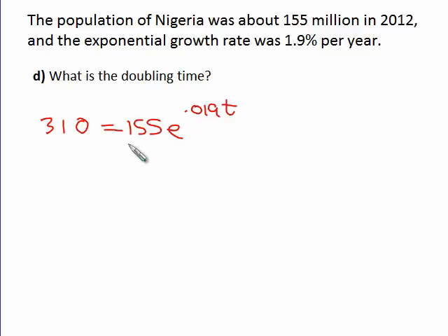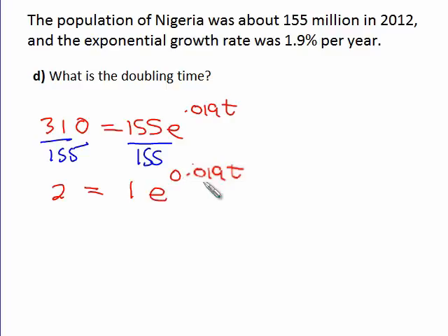But if you notice, the very first step, if I divide both sides by 155, what's going to happen to me is I'm going to get 2 equals 1 e to the 0.019t. So doubling time just means every 1 becomes 2. So I could have started right here.